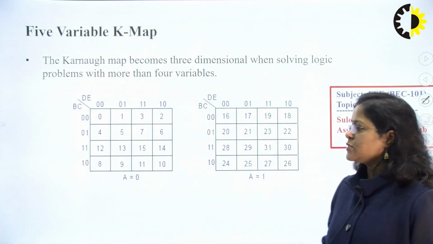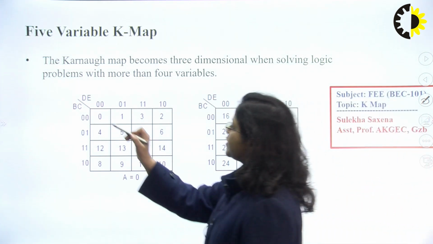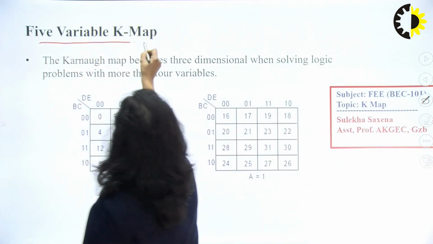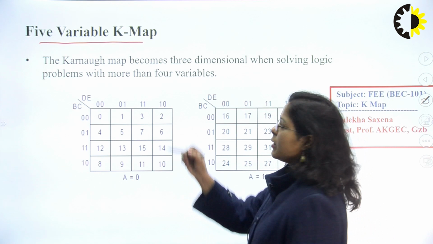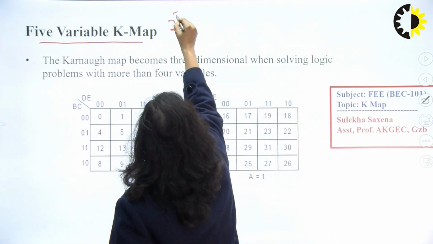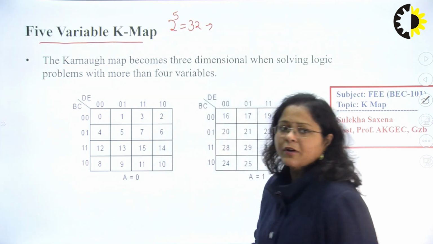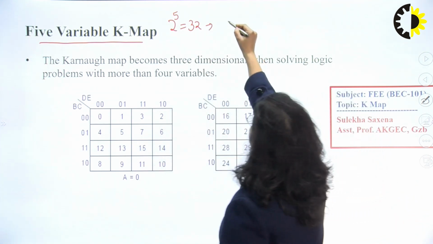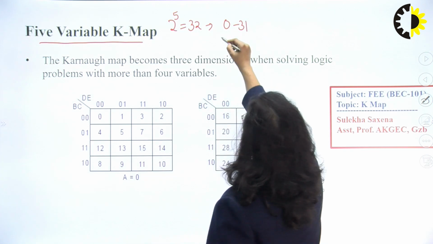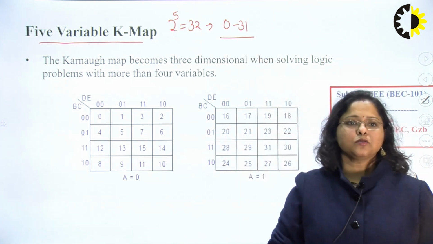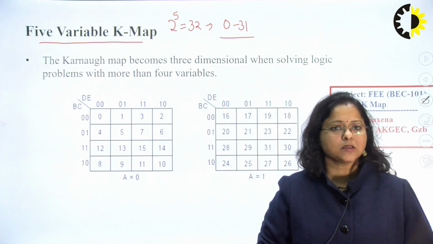Now, we move towards another KMap, that is the 5 variable KMap. For a 5 variable KMap, the total number of terms will be 32, 2 to the power 5, that is we move from 0 to 31. But it is quite difficult to manage such a large number of terms in a single KMap.